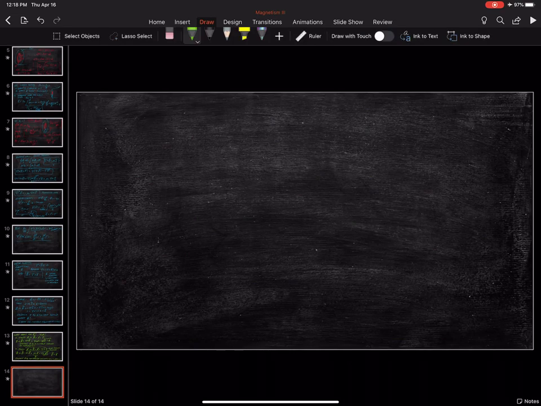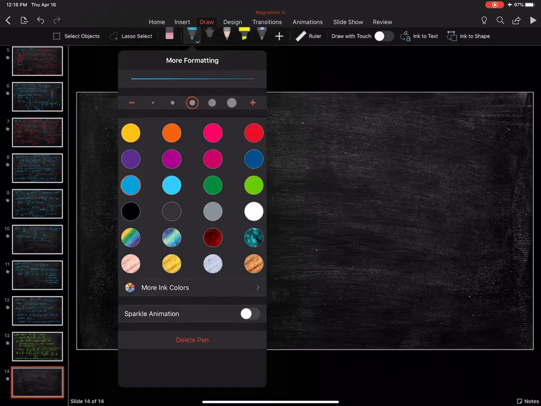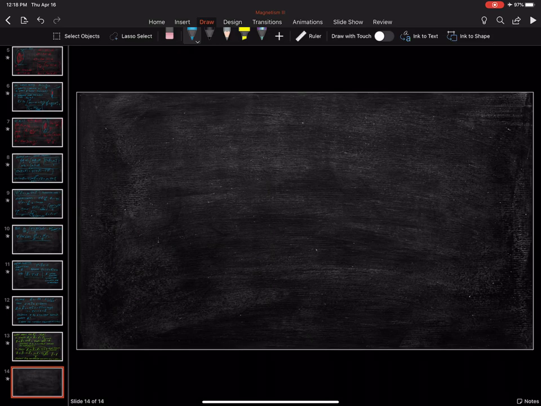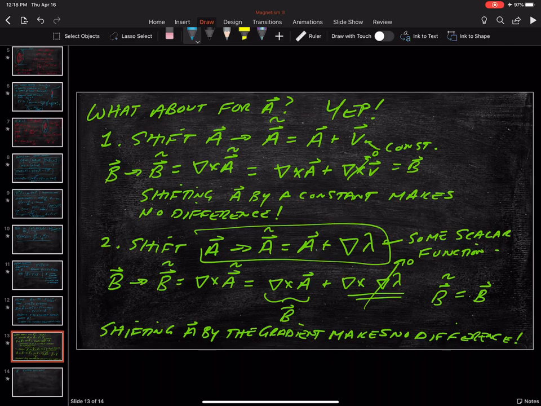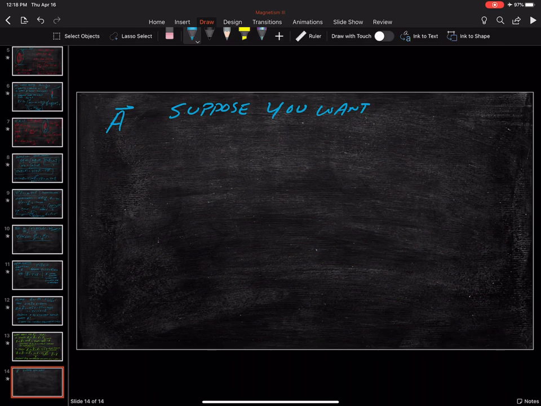Okay? For instance, suppose that you have some vector. And suppose you want to enforce a certain constraint on this thing. Suppose you want del dot A equals 0.